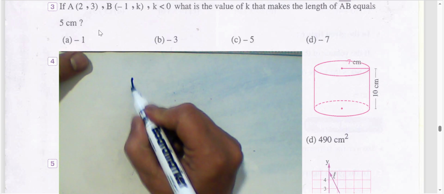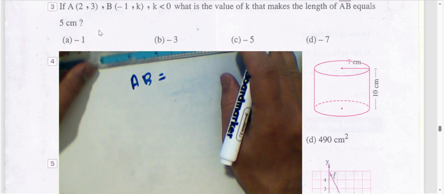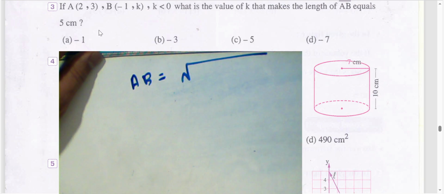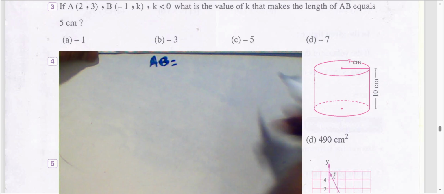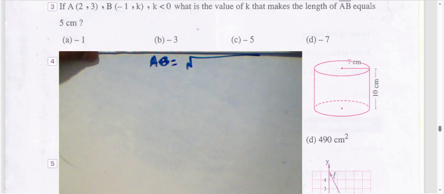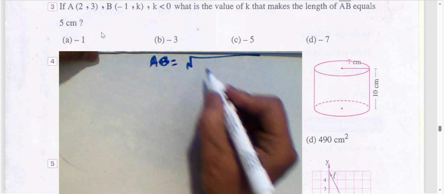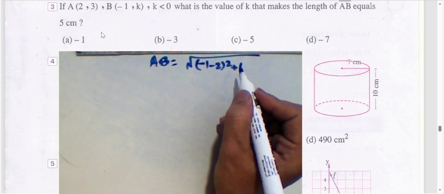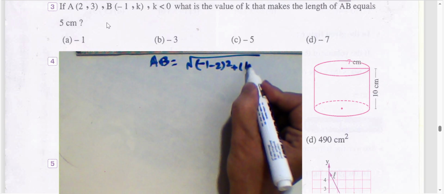Look with me. AB equals square root of negative 1 minus 2 power 2 and k minus 3 power 2.